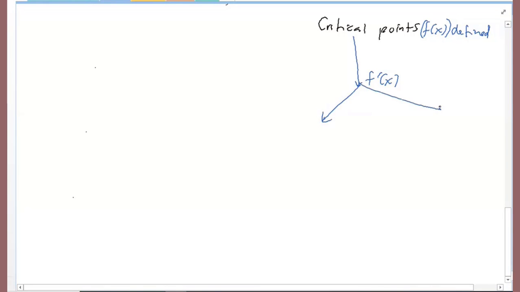When f prime of x is equal to 0, called stationary point, and f prime of x is not defined.